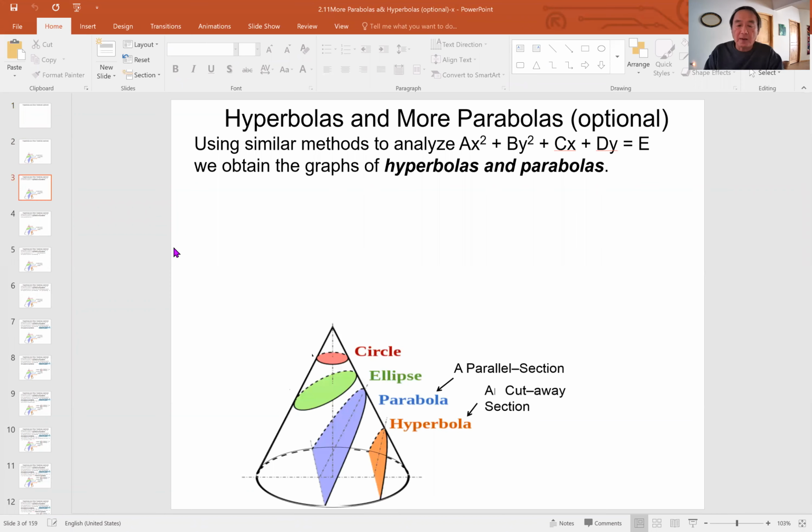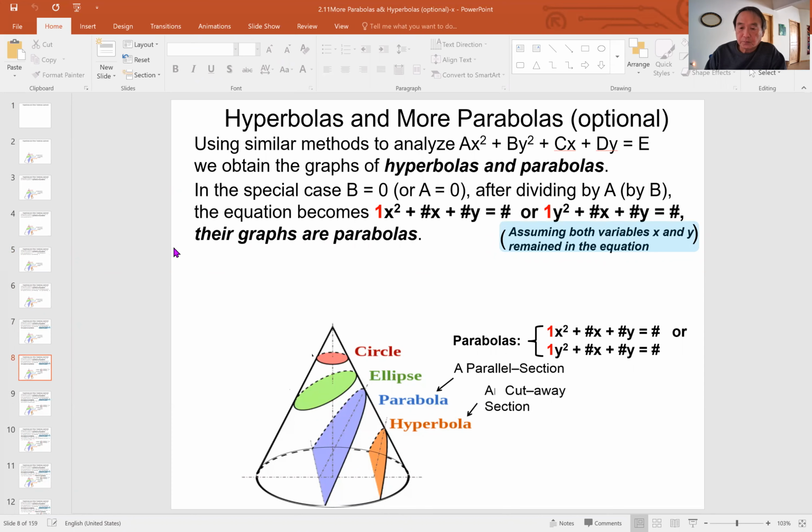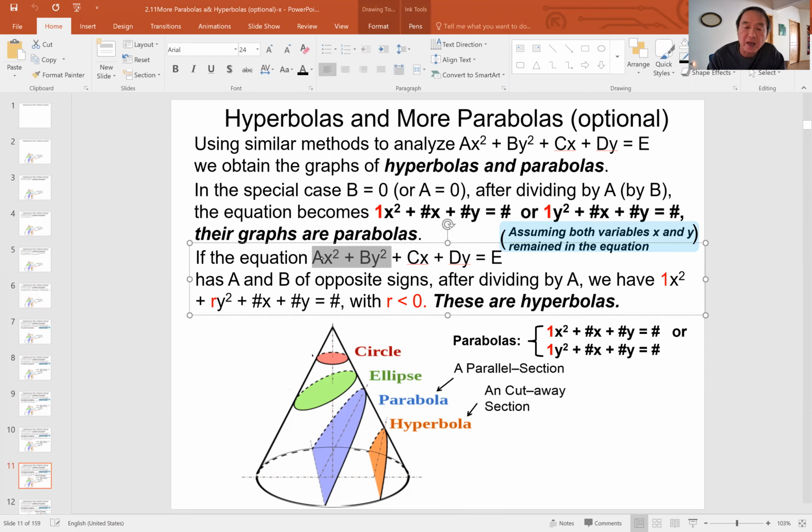We call the conic section, we got four objects: circles, ellipses, parabola, hyperbola. So we're going to deal with hyperbola now. Hyperbolas is when you have, remember, depending on what these two terms are, if A and B are different signs, one positive, one negative, then I can always divide by A, and then we become 1 x squared.